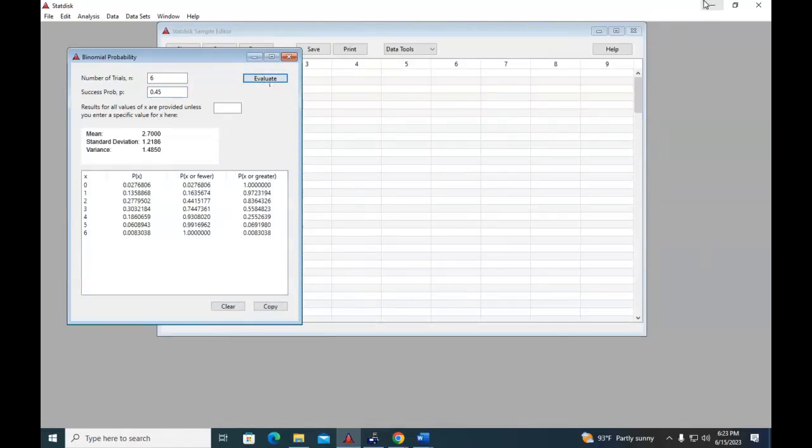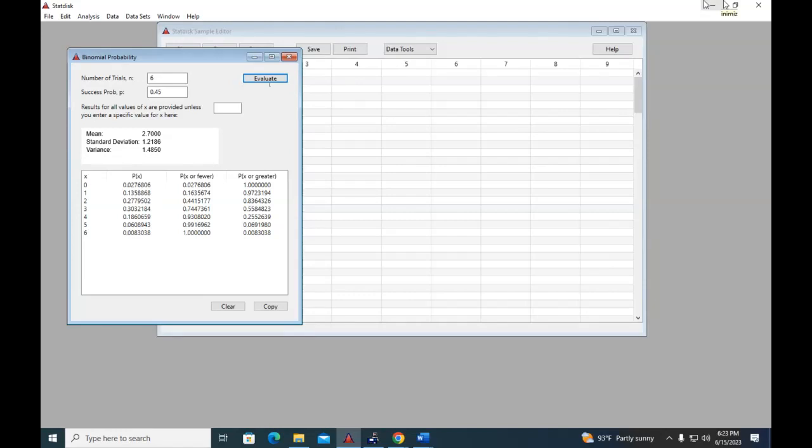See there? It gives me all of them. It gives me all the individual values as the probability distribution, and then it gives me cumulative, going up and going down. See, X or fewer, X or greater. So we want X less than or equal to 3. There it is, 0.7447.